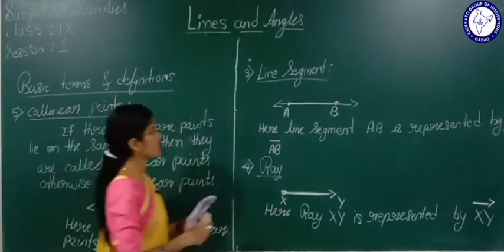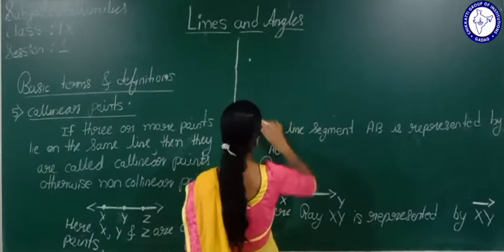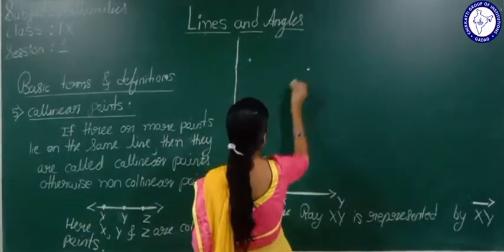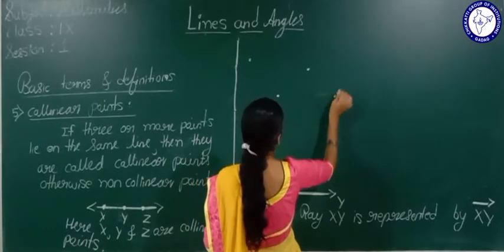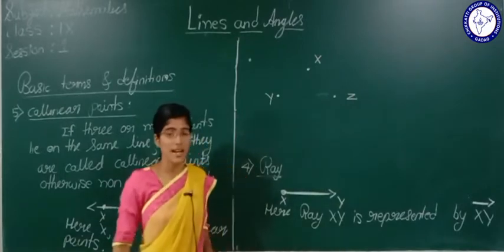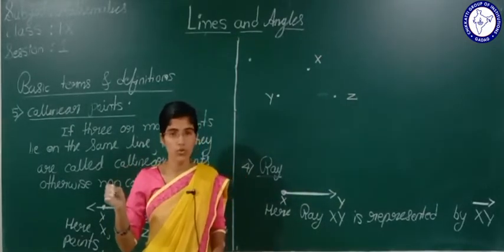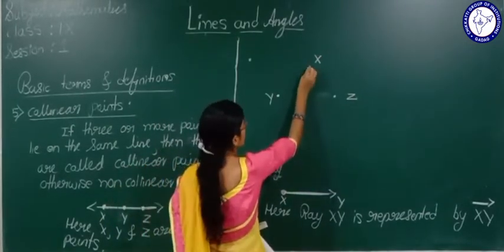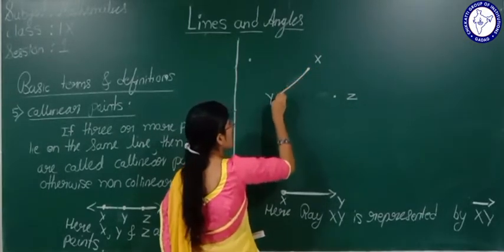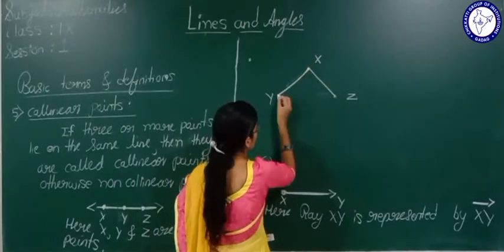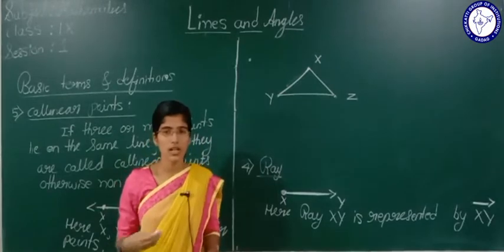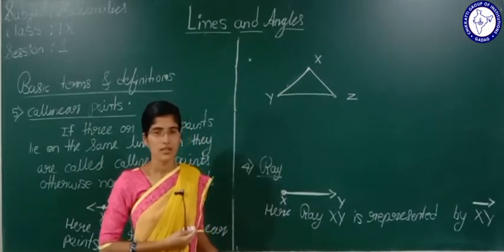Okay, then we will see the non-collinear points. See here, now tell me, are x, y, z lying on the same line? No, they are not lying on the same line. If I join them, see here, the 3 points are lying on different sides, right?